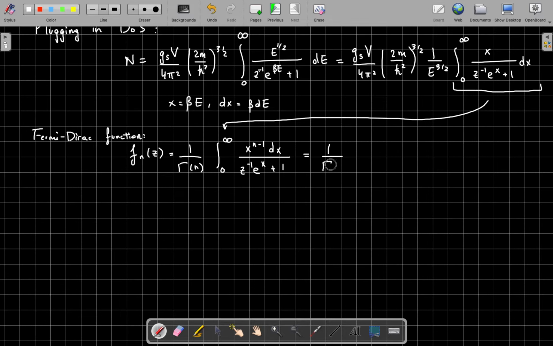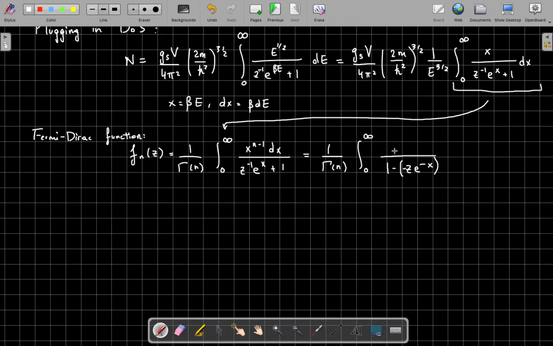So I will write this as 1 over gamma n, integral from 0 to infinity. I want to write this as a sum. So to write this as a sum, I should have 1 plus z e to the minus x, yeah. Well, technically I want this to be a minus, right? So it's going to be a minus.